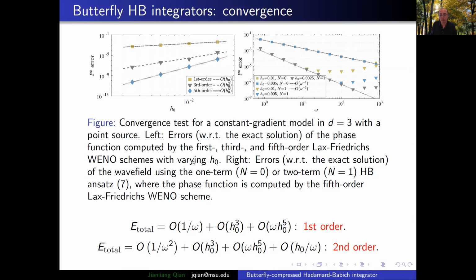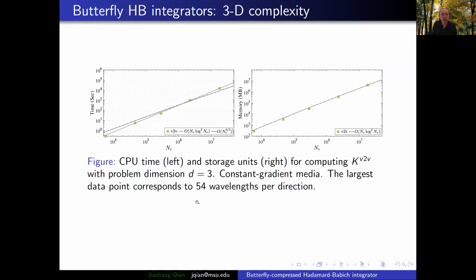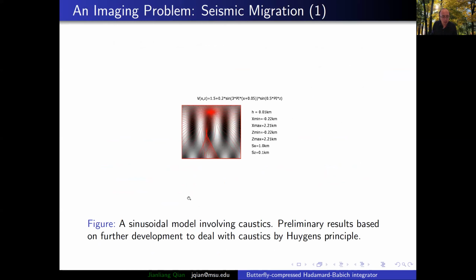Then we will have second order convergence. The complexity essentially says that we have O(n log n) complexity in our algorithm, for both 2D and 3D. Let me also show you a few figures related to imaging.